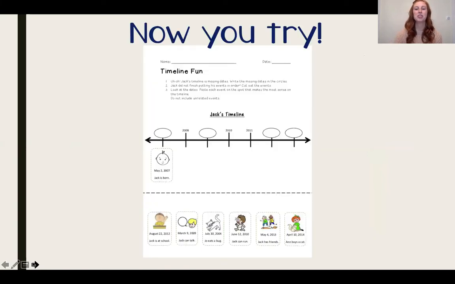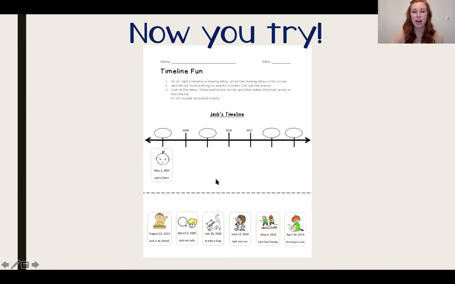So now it's your turn to try making a timeline. So here's a timeline of Jack's life. If we look at this picture right here, we can see that he was born on May 2nd, 2007. So you have to look at the other pictures right down here at the bottom and see which ones go in with his timeline.